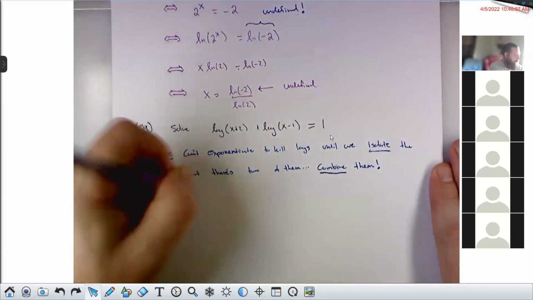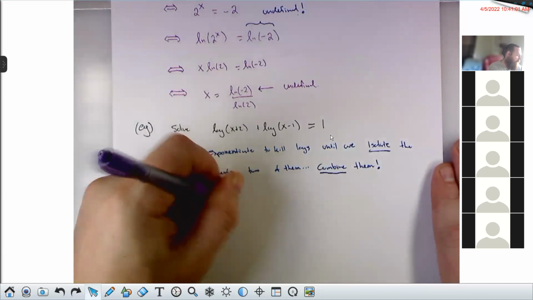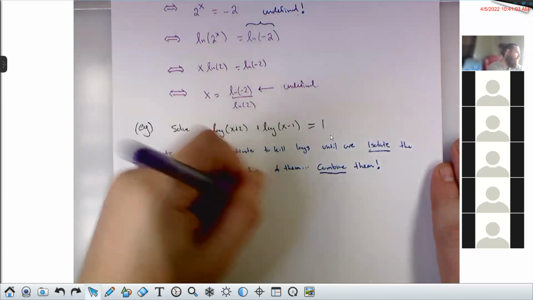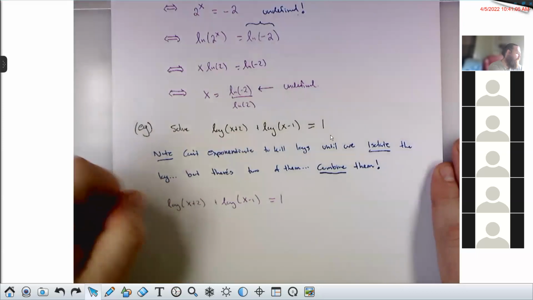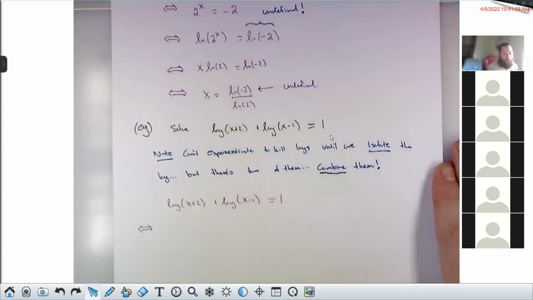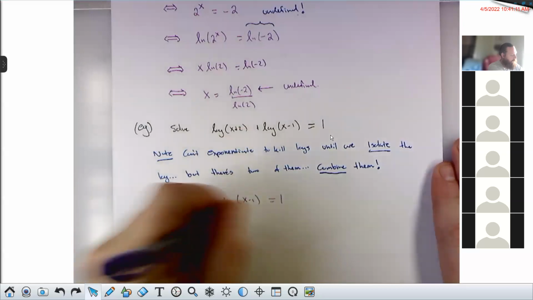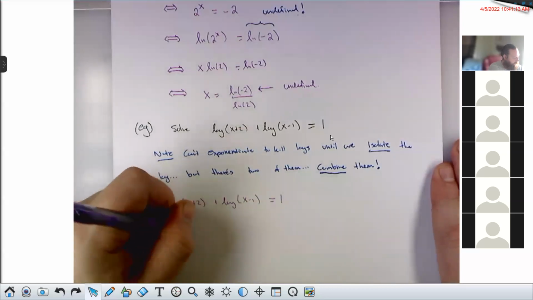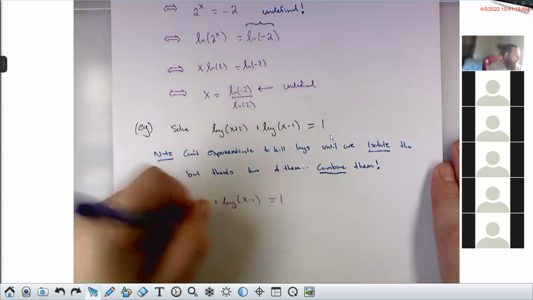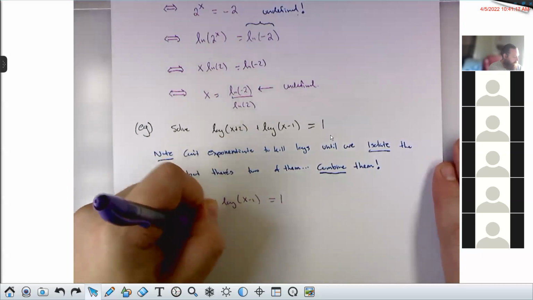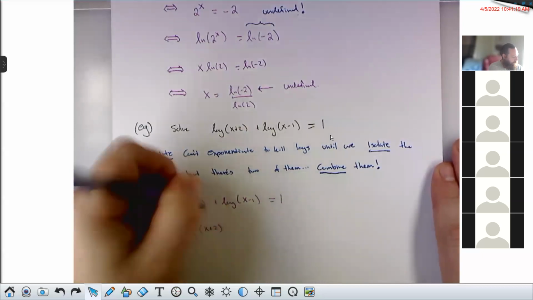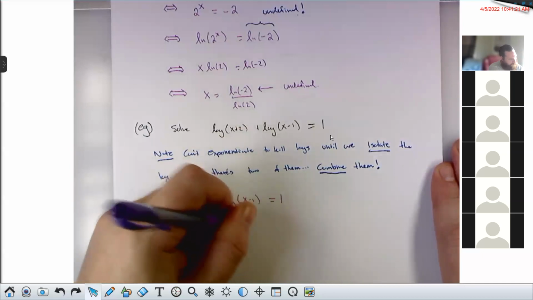So if I have the log of x plus 2 plus the log of x minus 1 is equal to 1, I can begin my equation solving process by combining the two logs on the left-hand side into a single log with the inside x plus 2 times x minus 1.